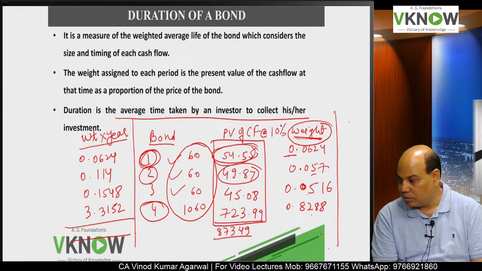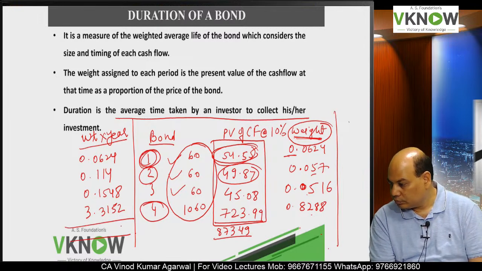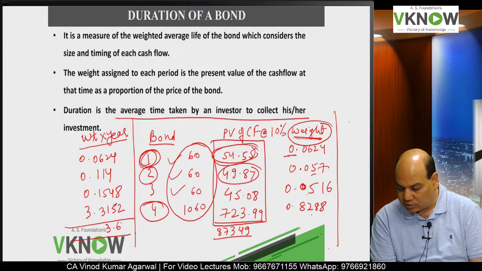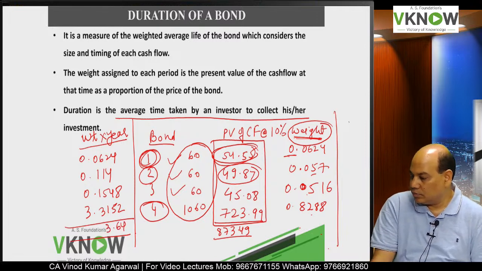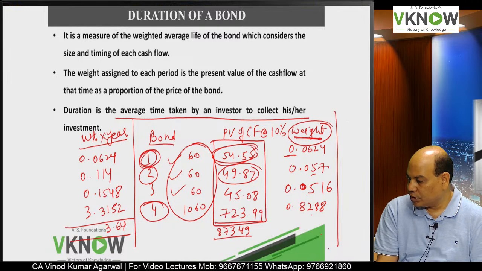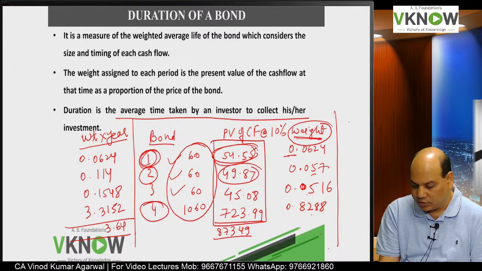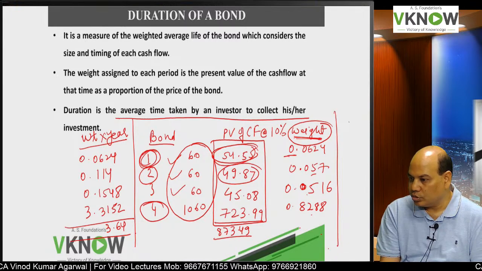Anybody wants to give me the total here? The total should be same like the previous answer, 3.64. Okay, the total should be approximately same. Are you getting same total?